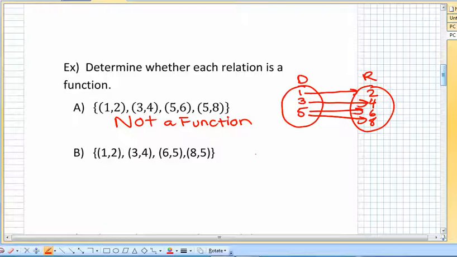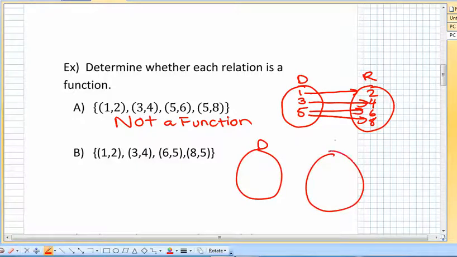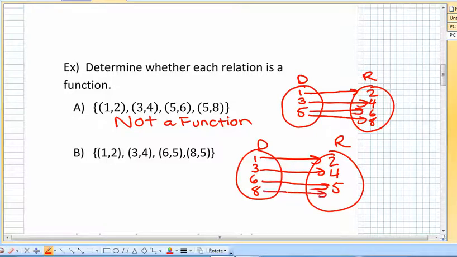Notice for the second one, if we do the same diagram, here's the domain and here's the range. We have 1, 3, 6, and 8, and then 2, 4, and 5 for the range. But notice 1 goes to 2, 3 goes to 4, 6 goes to 5, and 8 goes to 5.